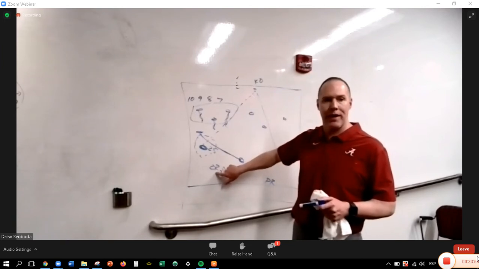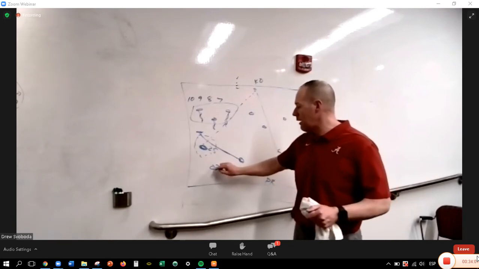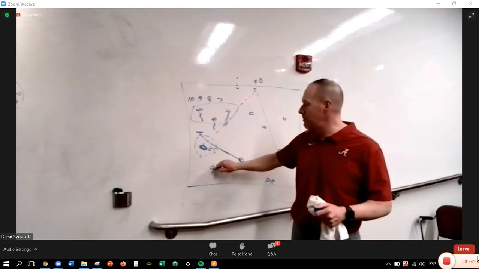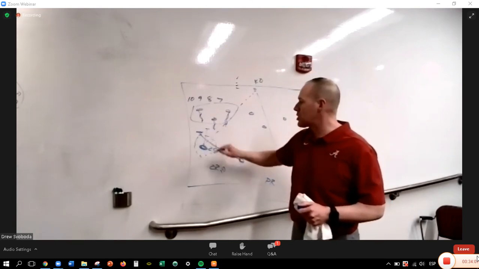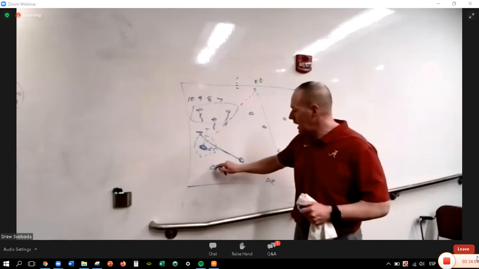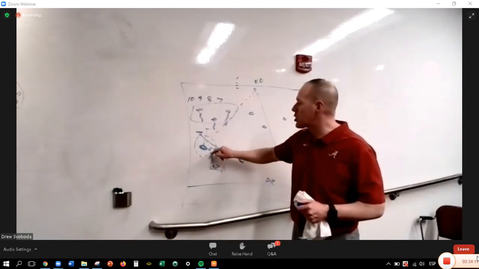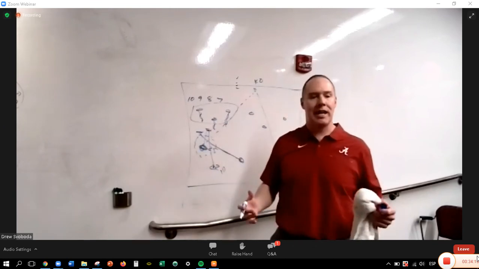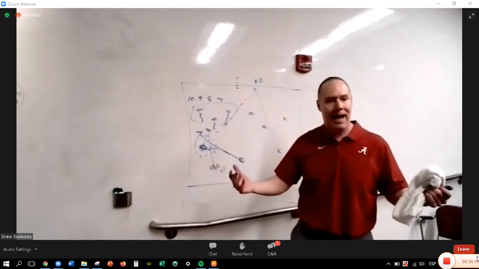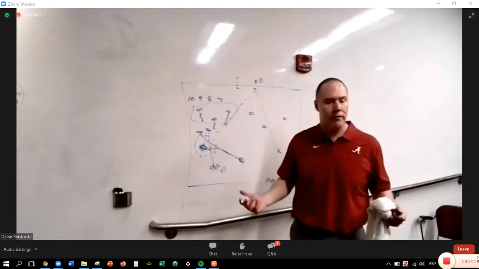That way there are no ifs, ands, or buts. If he yells me, he's calling you off and you are going and blocking the most dangerous man. If he does not call you off, he is going to run up and block the most dangerous man. But you are catching it as that left end or that up back until you are called off.